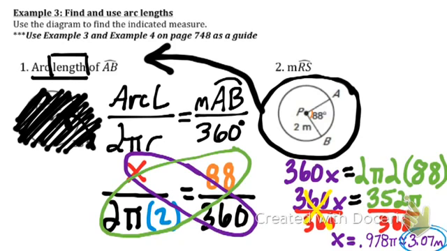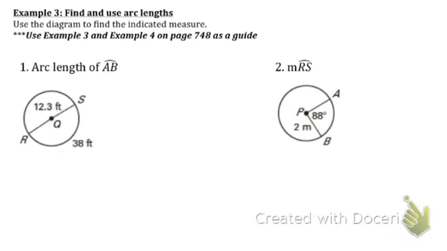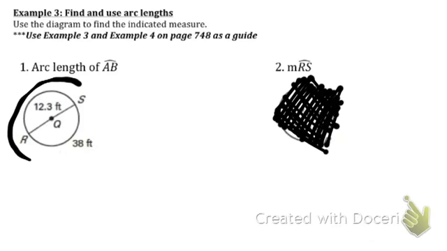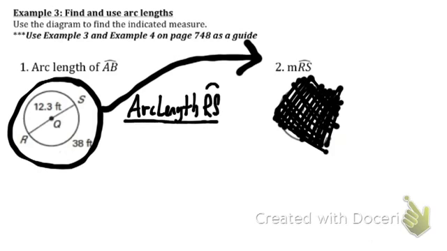Now for part 2 of example number 3, we are focusing on the measurement of arc RS. So we don't want to look at that diagram, we want to look at this one for number 2. Because we want to find the arc measure of RS, we're going to write our proportion, arc length of RS over the circumference.